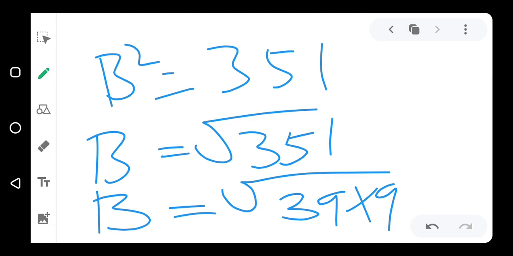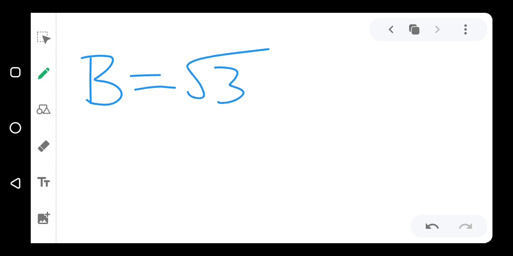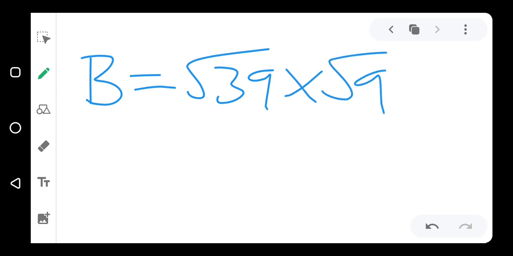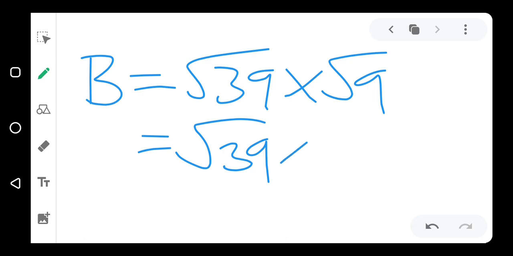Now this becomes b is equal to root 39 times root 9, which is equal to root 39 times root 9, which is 3.